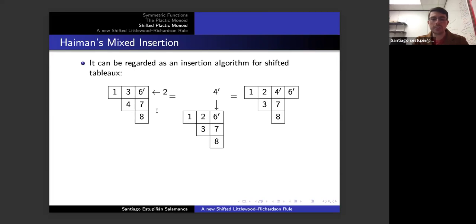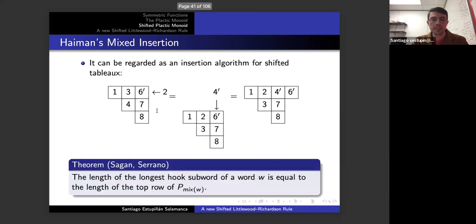So this is more difficult to define than Schensted's insertion, but something that recovers the connection with the traditional insertion is that there is again this connection between an increasing or decreasing statistic and the length of the rows of the diagram.